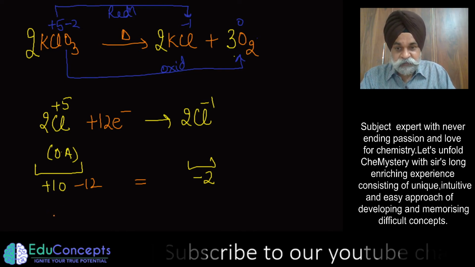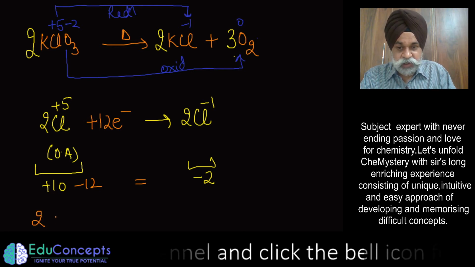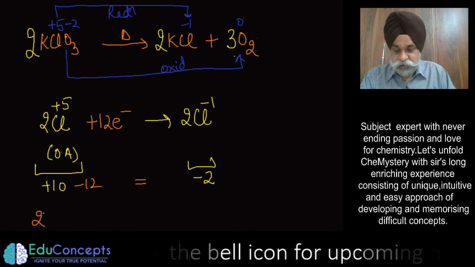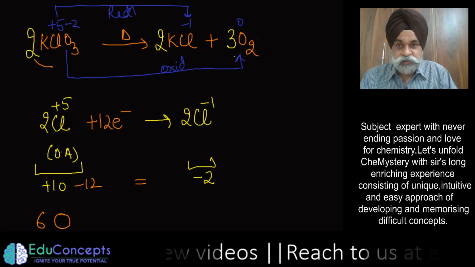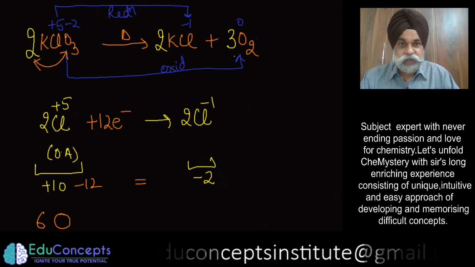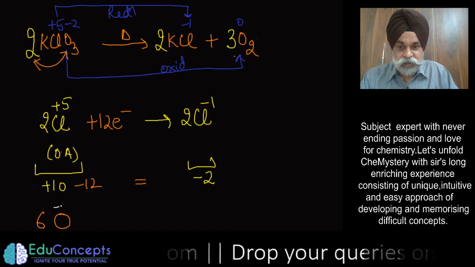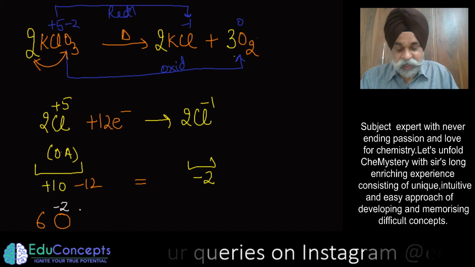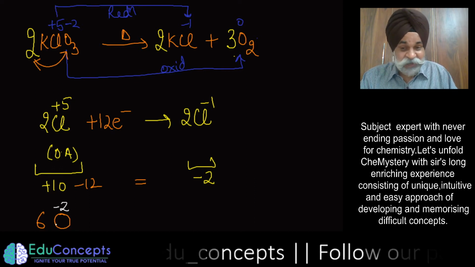Similarly, if I talk of oxygen here, let me write 6 oxygen atoms, since 2 3s are 6. This 6 is in -2 oxidation state. It is not 60, it is not 6 to the power -2.